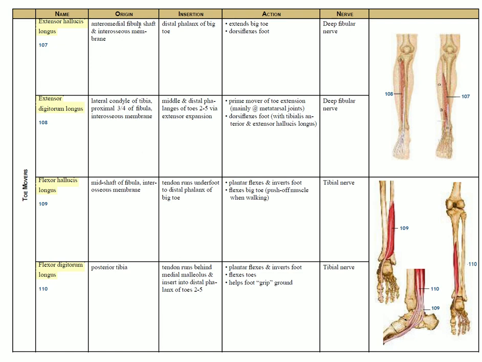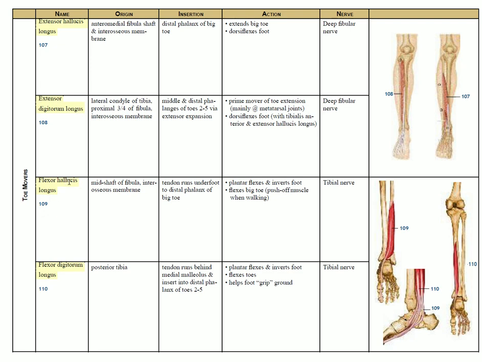And then we have our toe movers. So remember the toe is called the hallux, right? So what do you think the extensor hallucis longus muscle does? It extends your big toe. So extensor hallucis longus extends the big toe. The extensor digitorum longus extends the rest of the toes.